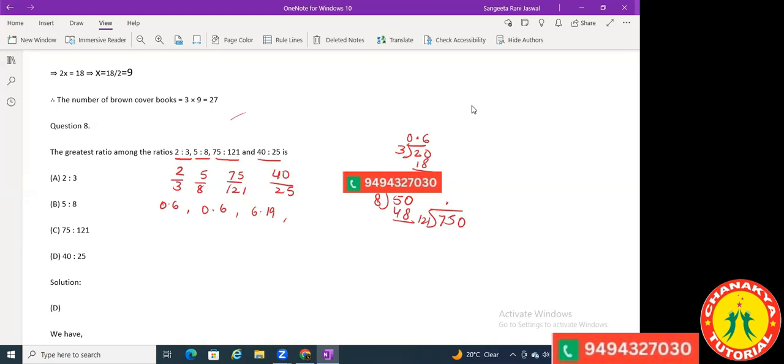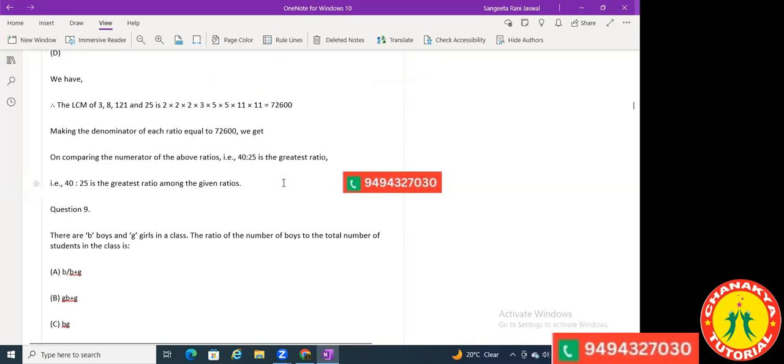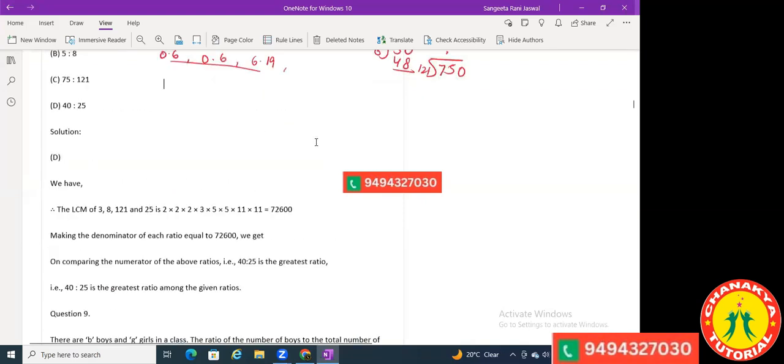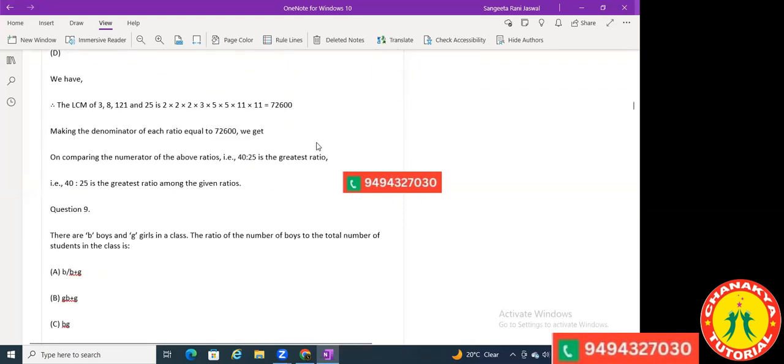One is this way that you can divide. The other one is by finding the decimal, and not the decimal, by taking the LCM of this. You take the LCM of these numbers, the denominator numbers. Then whatever you get.